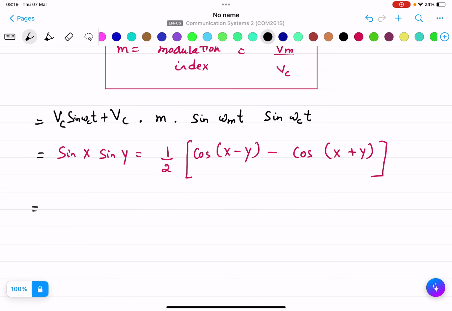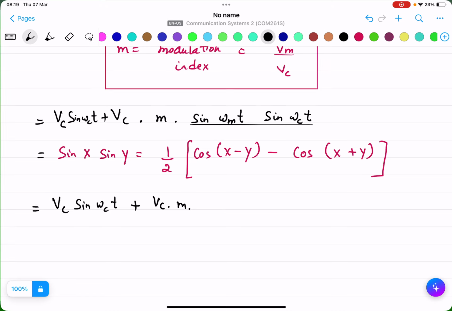So I will write here, the first term will be the same, Vc sine omega ct plus, now the second term. I am writing Vc same, m same. Now for this sine omega mt and sine omega ct, we use this formula. So here x will be omega m t and y will be omega c t. So I am using the formula here. So I can write half.